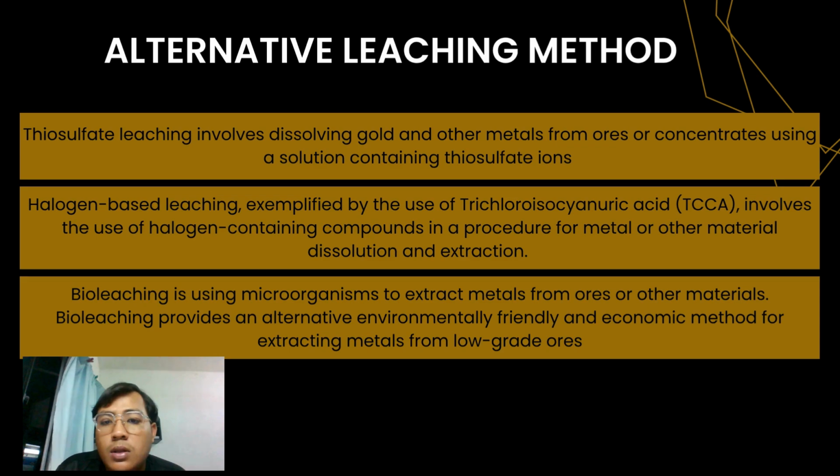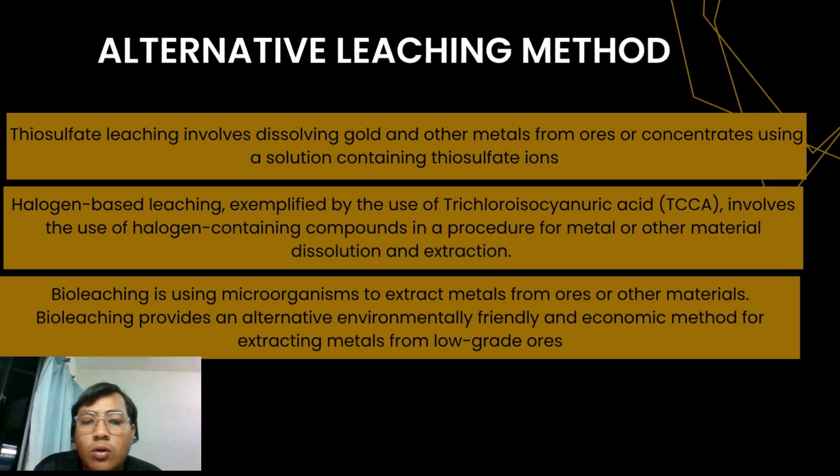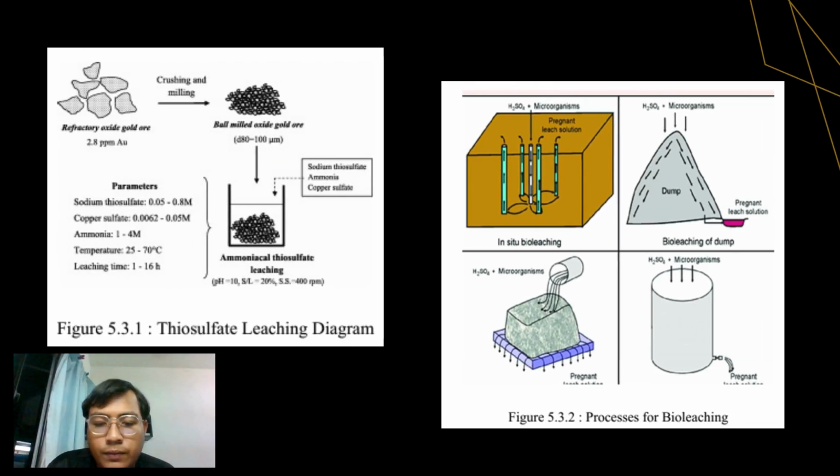Bioleaching provides an alternative, environmentally friendly and economic method for extracting metal from low grade ore. Here we can see the methods for thiosulfate and bioleaching. Okay, that's from me.